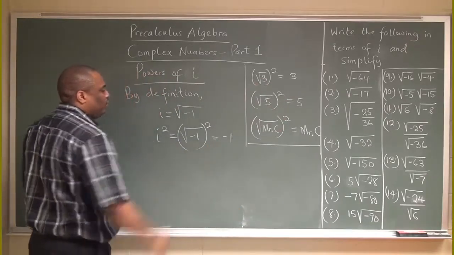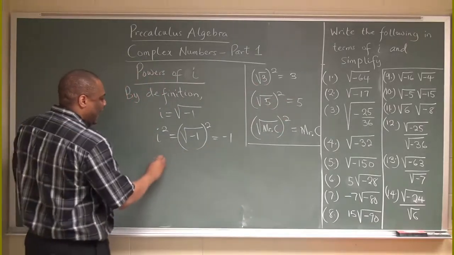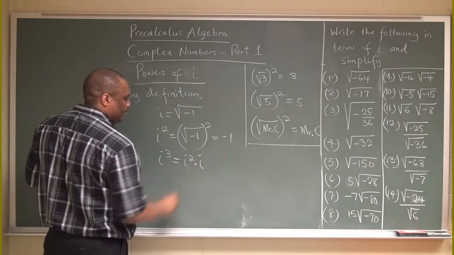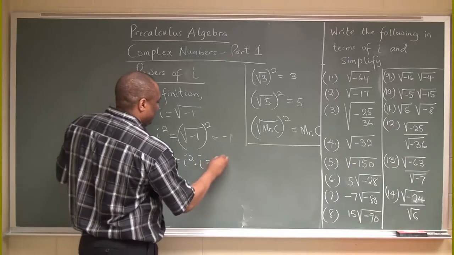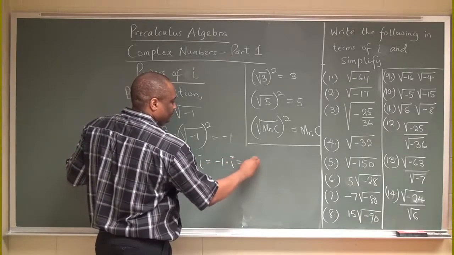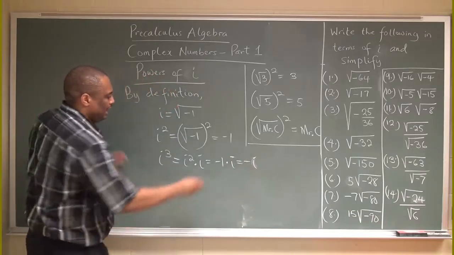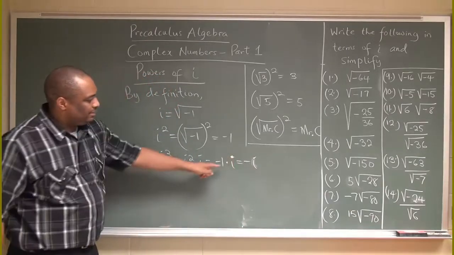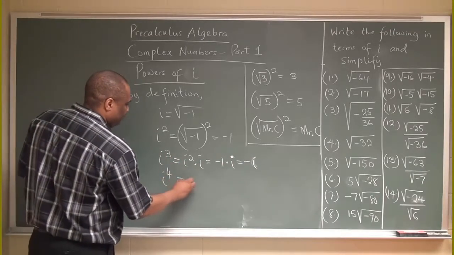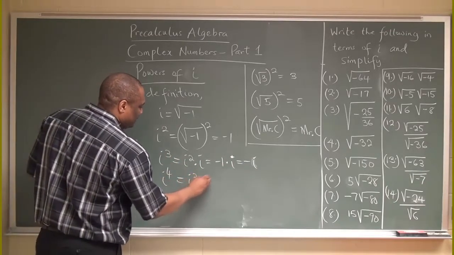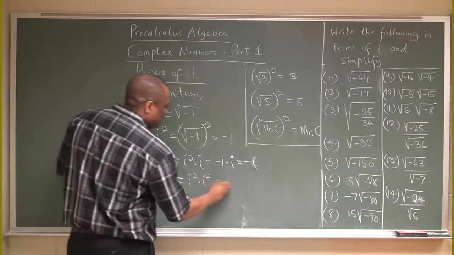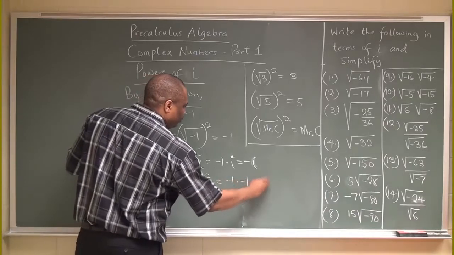Now, I squared will be negative 1. Then I cubed will be I squared times I, which is negative 1 times I, which is negative I. Then I raised to the power 4 will be I squared times I squared, which is negative 1 times negative 1, which is 1.